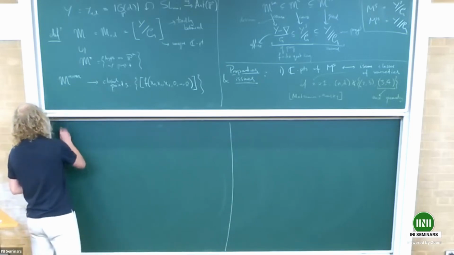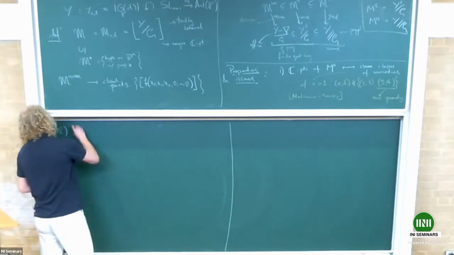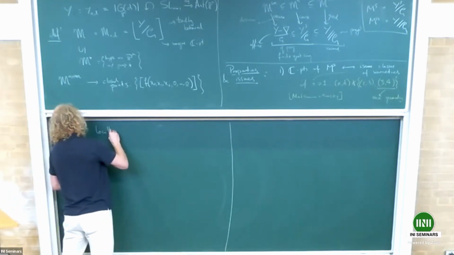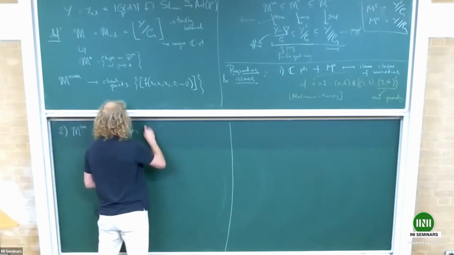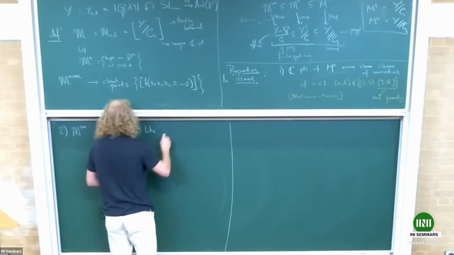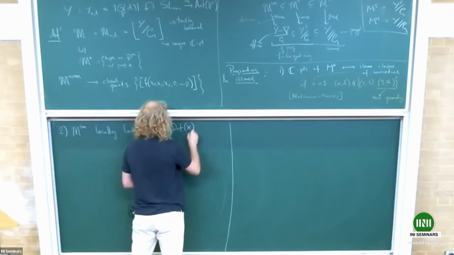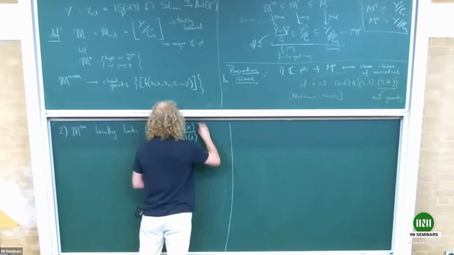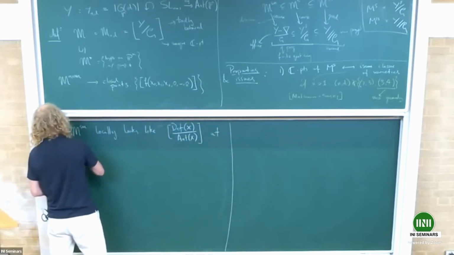Okay, we also know what M smooth looks like locally. Locally, this looks like an analytic quotient set. So locally it looks like this at a smooth point.